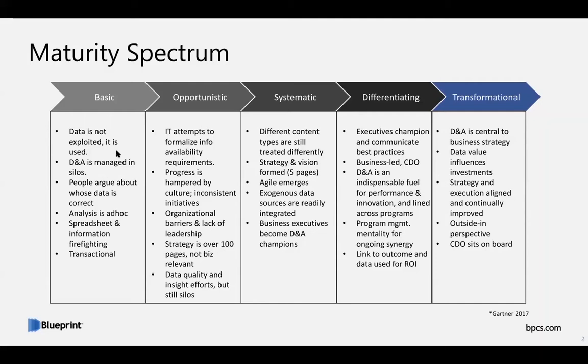So that is an idea of how a business moves from the left side of the spectrum to a much more transformational one. And it's not a short path. This is over 10, 15 years they've gone through this process, if not even longer.